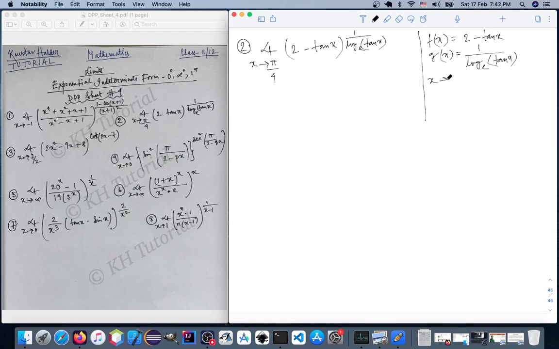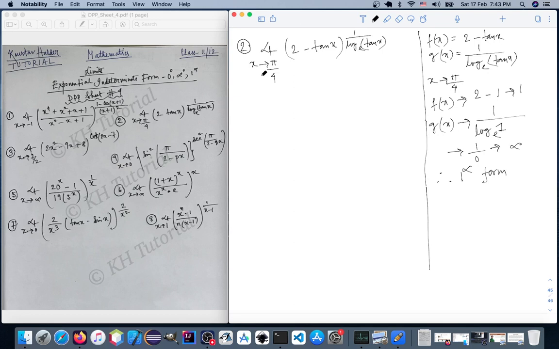So when x tends to pi by 4, we have f(x) tending to 2 minus 1, that is 1, and g(x) tending to 1 by log e 1, this is 1 by 0, this tends to infinity. Therefore here the form is 1 to the power infinity.